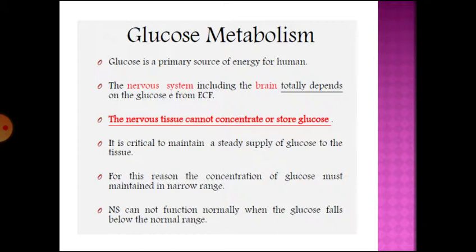Glucose is the primary source of energy for humans. The nervous system, including the brain, totally depends on glucose from the extracellular fluid. Glucose is the main source of energy in the body, the second source of energy is protein, and the third source of energy is fat.